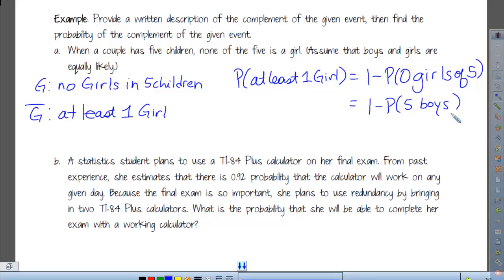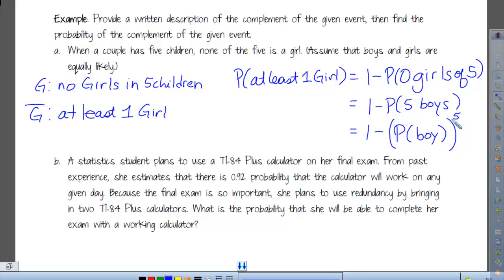And so this is where the multiplication rule comes in. We're talking about what? Boy and boy and boy and boy and boy. And so we ask ourselves, are these events dependent or independent? Independent. So it's going to be the probability of a boy raised to what?